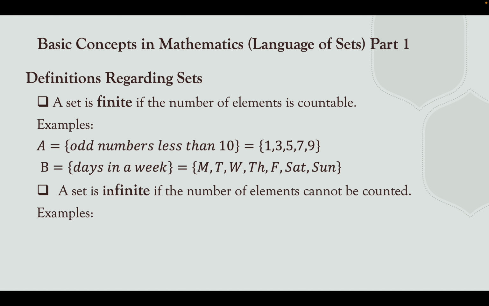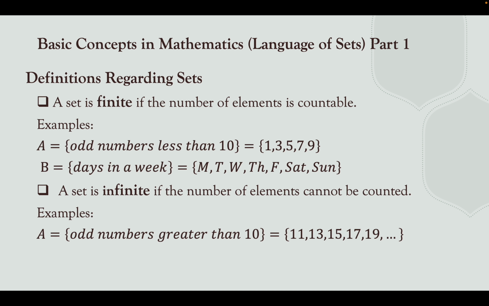So we have here examples. Set A, the odd numbers greater than 10. So what are the odd numbers greater than 10? 11, 13, 15, 17, 19, and so on. Because we don't know what is the last odd number, right? So that means that is an infinite set. Another example, we have set B, the positive integers.